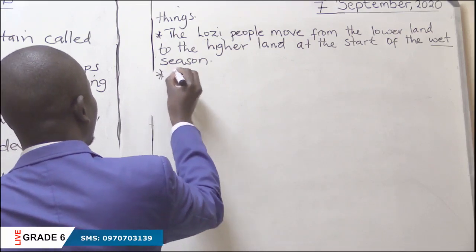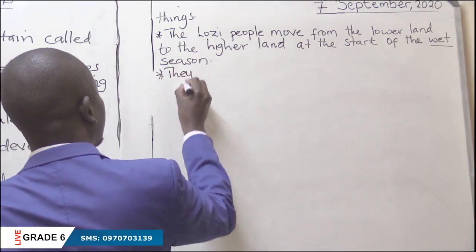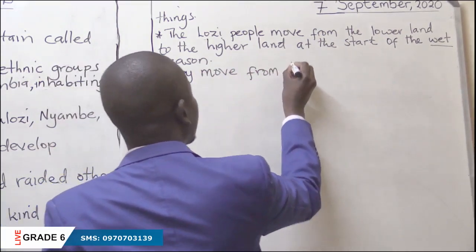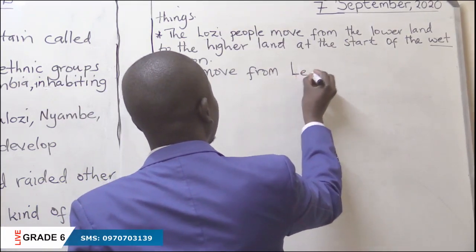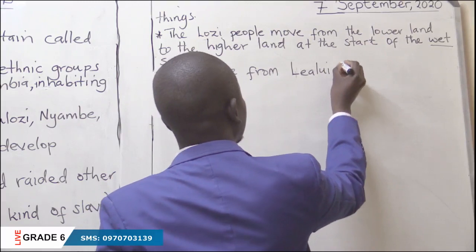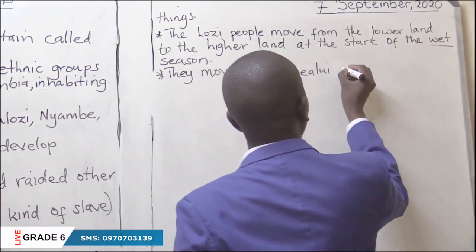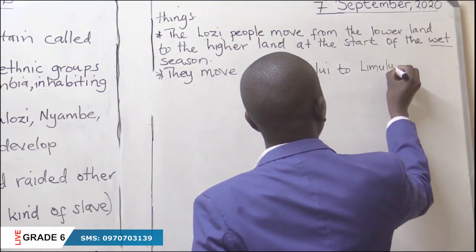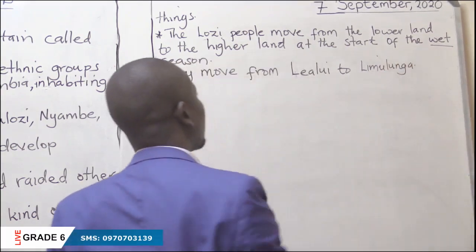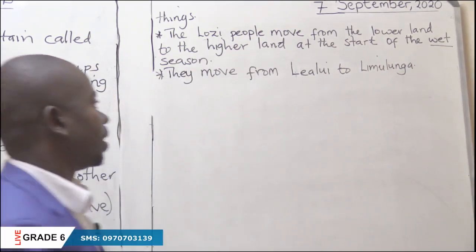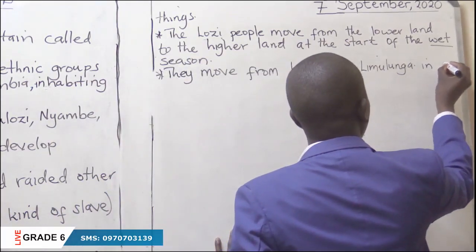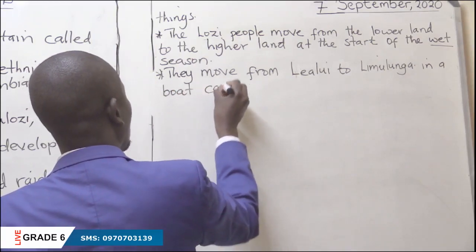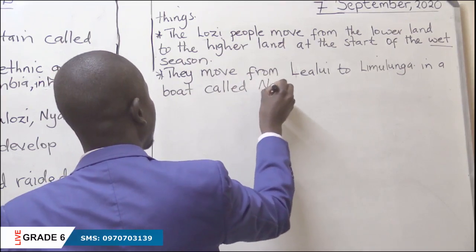They move from Lealui to Limulunga in a boat called Nalikwanda.